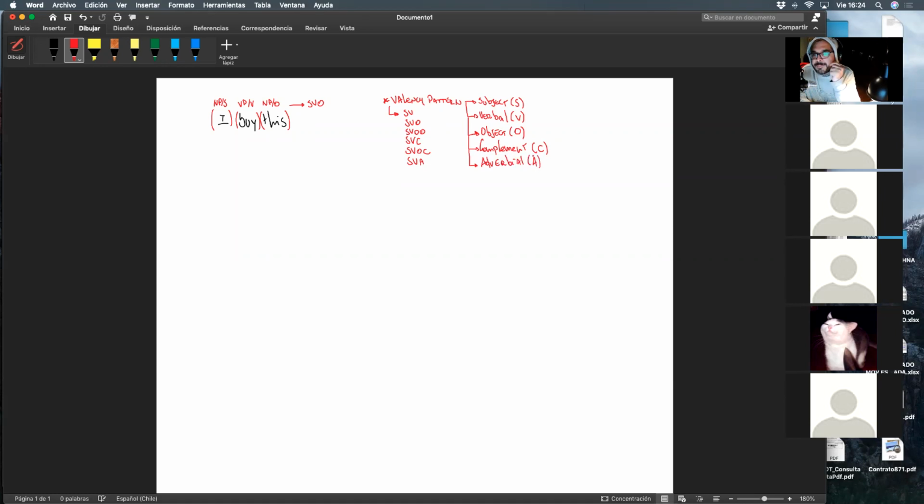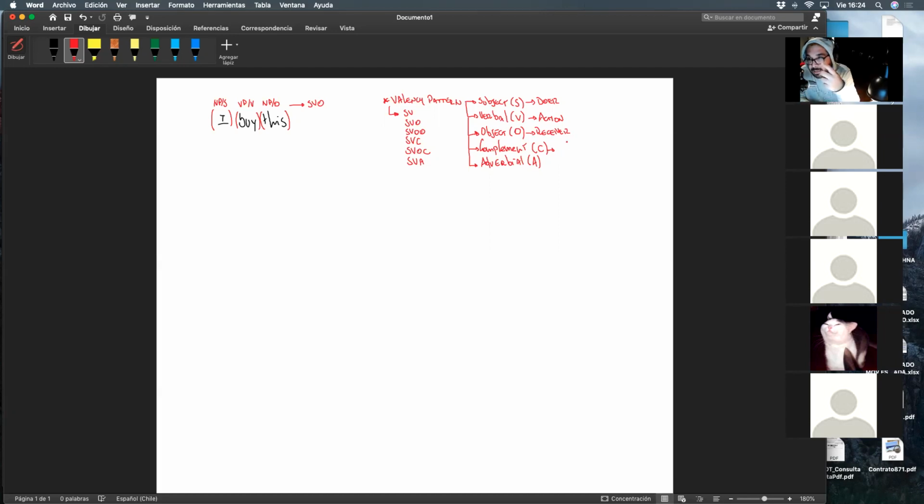Then the subject is the doer of the action. The verbal part is the action itself. The object is the receiver of the action. The complement is a unit which adds information about the subject or the object.